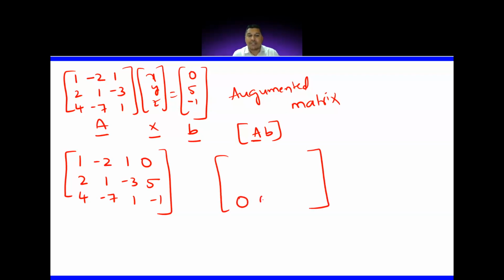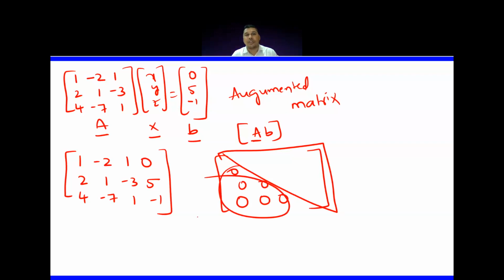It means you can have zeros here, zeros like this, and the remaining can be elements. So the target is to form an upper triangular matrix by making these values zeros. You have to do operations such that this is 0 first, then this is 0, then this is 0.